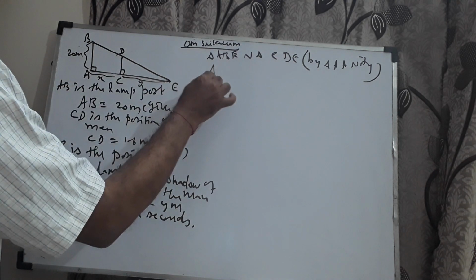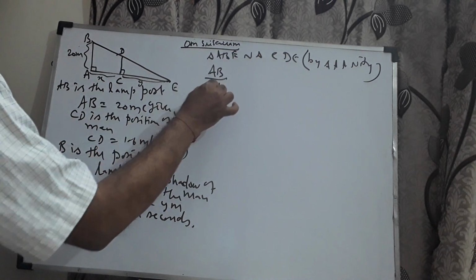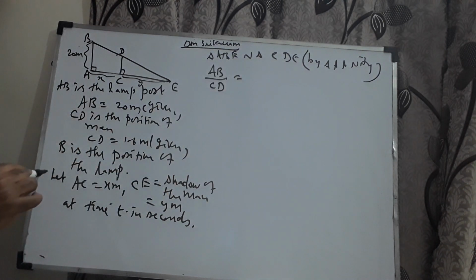Now, this will automatically imply AB by CD. I am not going to use the hypotenuse, I don't know the values of the hypotenuses.